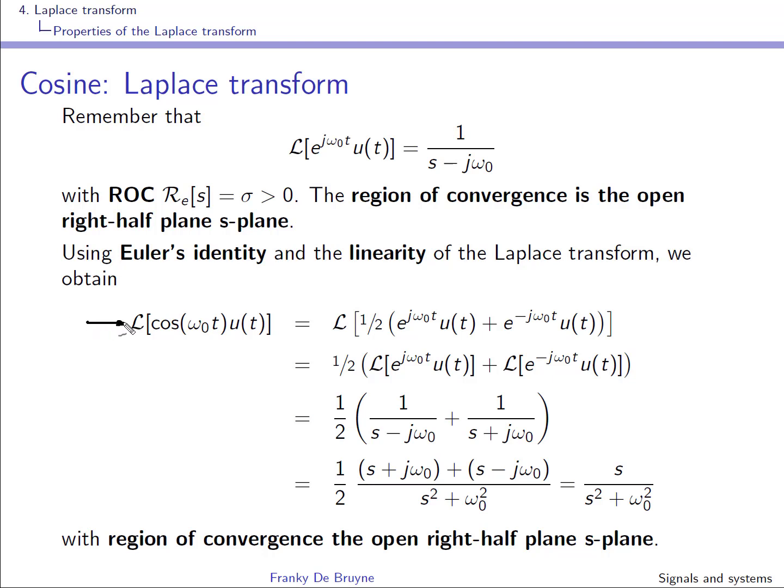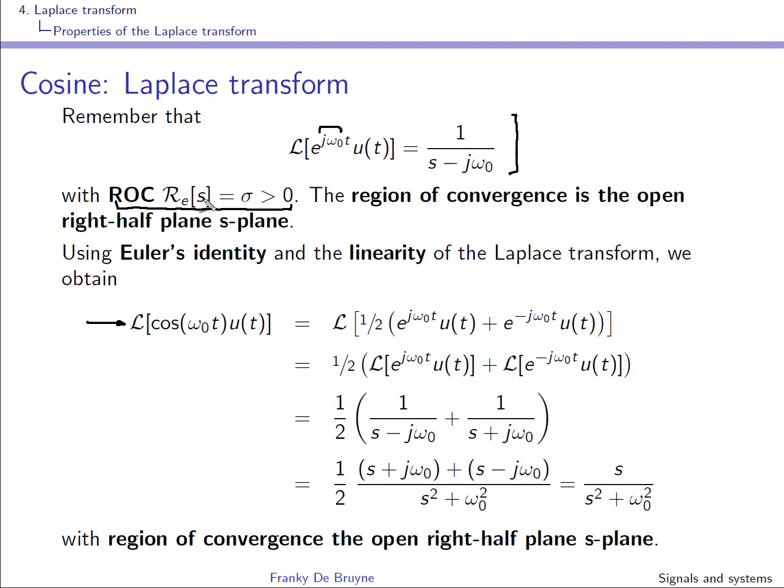In the next slide we'll obtain the Laplace transform of a sine. Remember that we have found that the Laplace transform of this complex exponential, here with a purely imaginary exponent, is given by this equation over here, and that the region of convergence is this one.